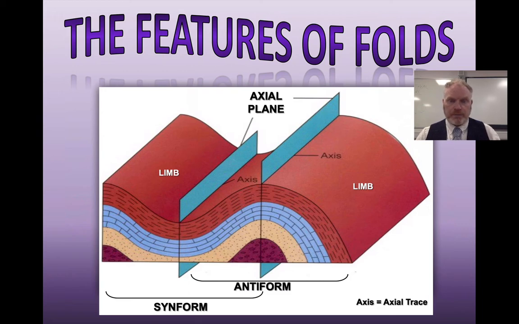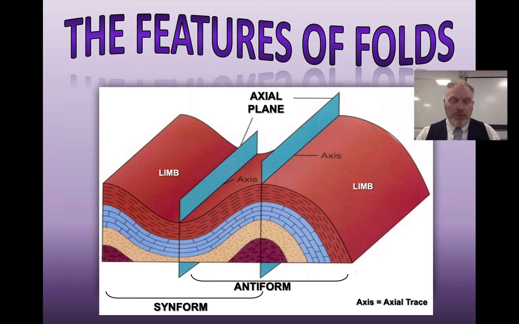Okay. There are two types of folds we need to be familiar with. Firstly, we have an antiform. An antiform is an upfold, where beds have been pushed up, and the limbs then dip away from the axis.